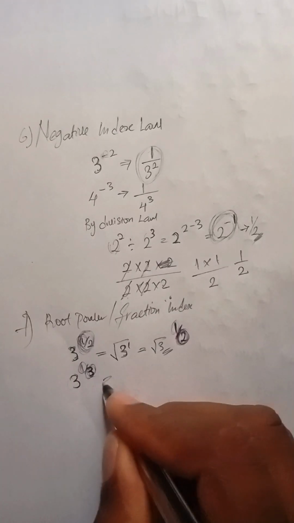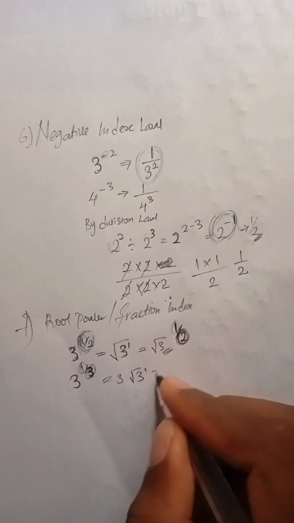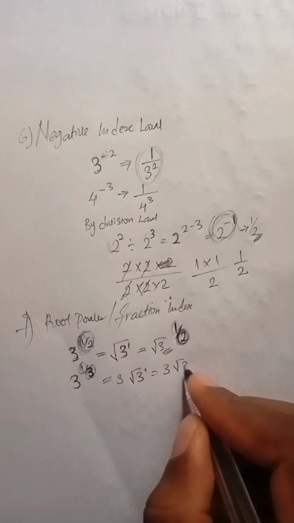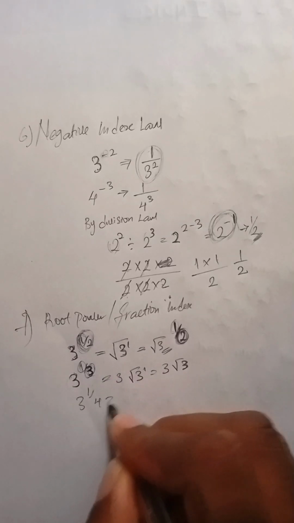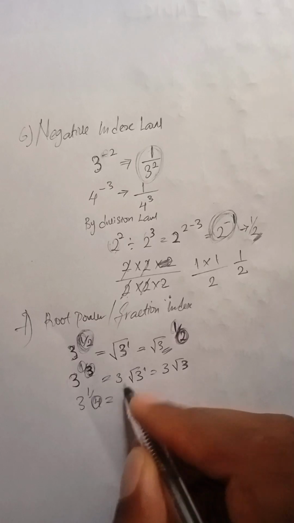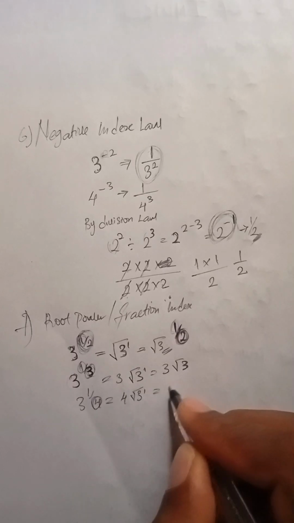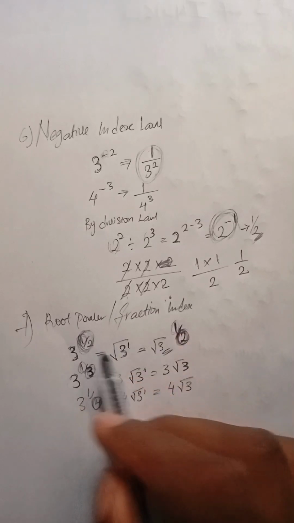So this will be the cube root of 3 raised to the power of 1, same thing as cube root of 3. So when we have 3 raised to the power of 1 over 4, that will be the fourth root of 3 raised to the power of 1, same thing as fourth root of 3. So that's the root power.